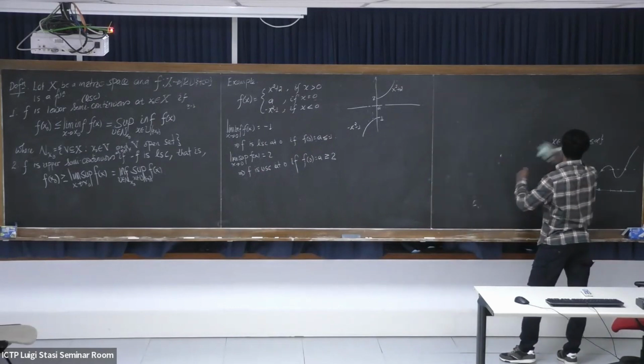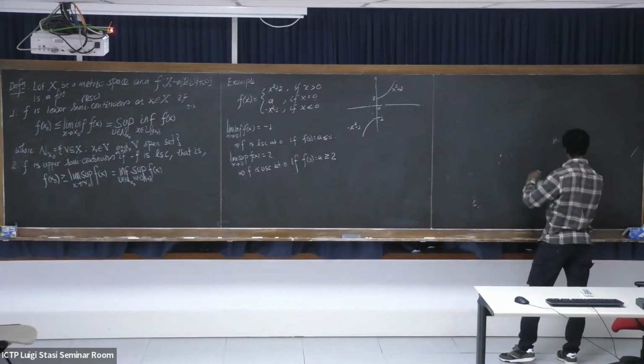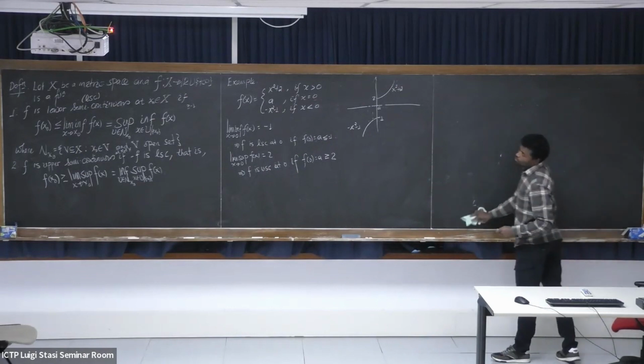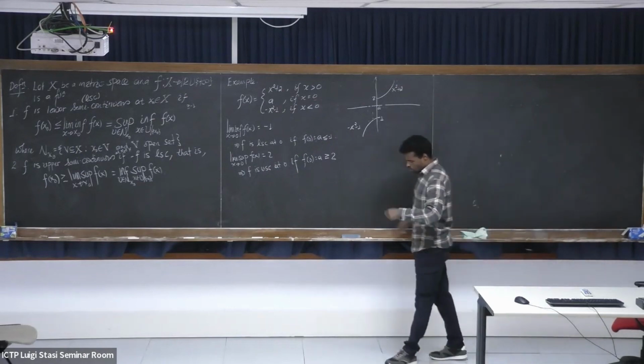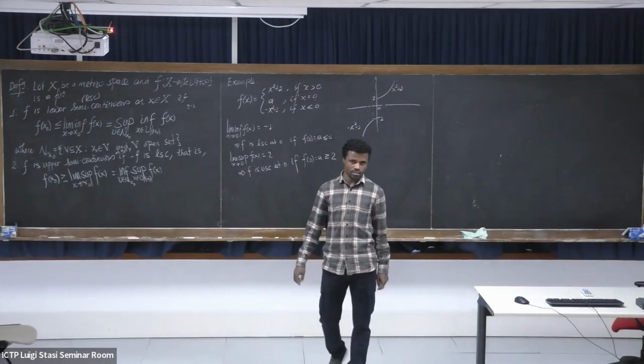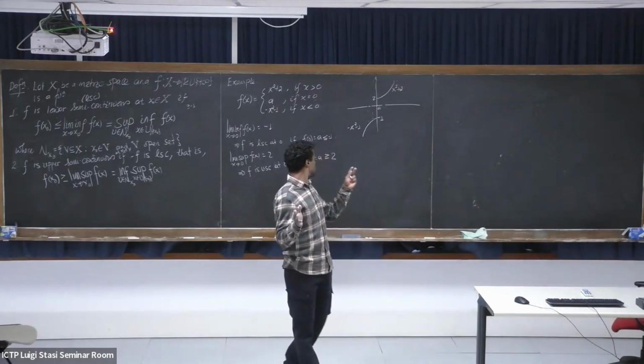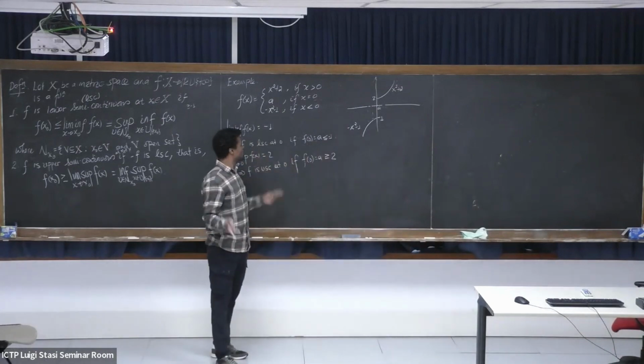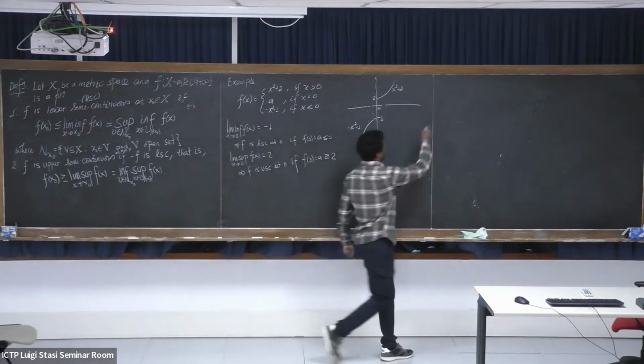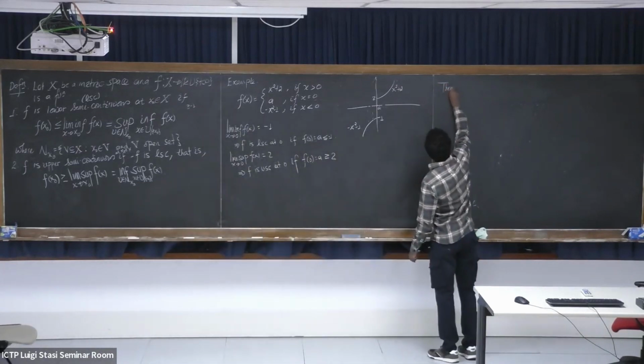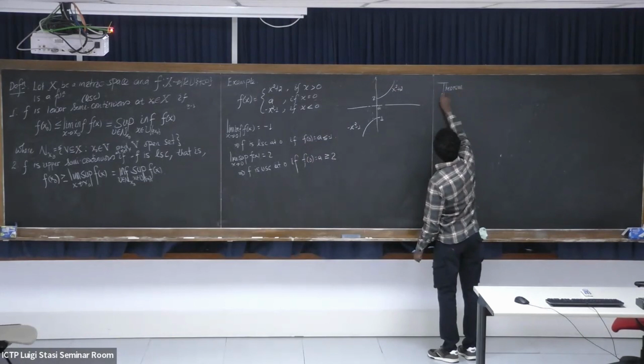F is lower semi-continuous. If we say F is lower semi-continuous, it means that it is lower semi-continuous over the whole space, at each point in X. We have the following here.